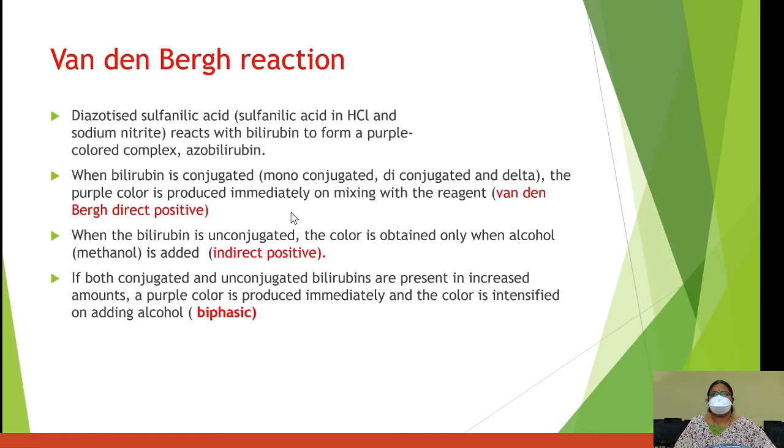So in obstructive jaundice, the bilirubin increased will be predominantly conjugated bilirubin, and we will get a direct positive reaction. In the type of jaundice in which unconjugated bilirubin is increased, that is in prehepatic or hemolytic jaundice, the reaction will be indirect positive. In hepatocellular jaundice, both conjugated and unconjugated bilirubins are increased, so a biphasic response is obtained.